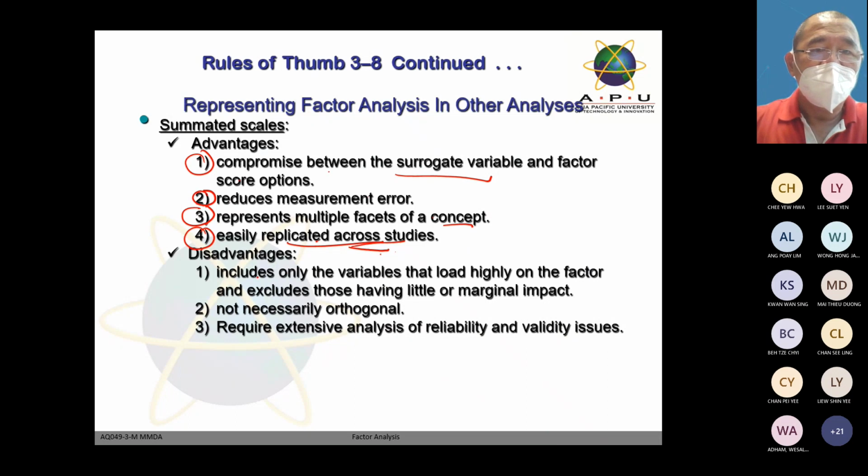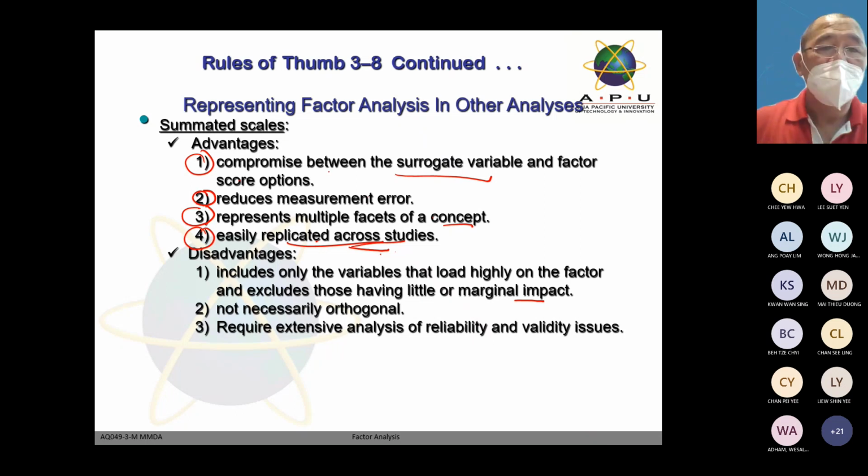The disadvantage is that it includes only the variables that load highly on the factor, and excludes those having little or marginal impact. Remember it is in between the single variable and the factor score. The factor score takes everything, but here we take only one or two.